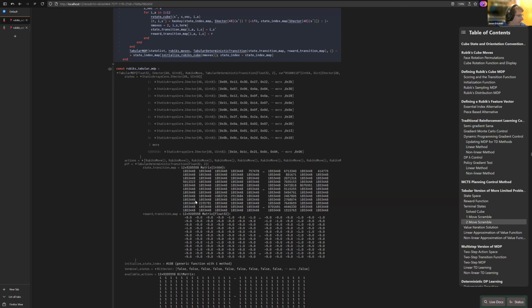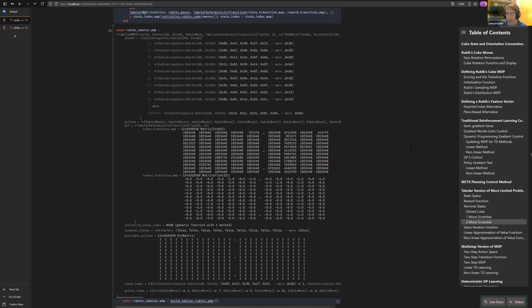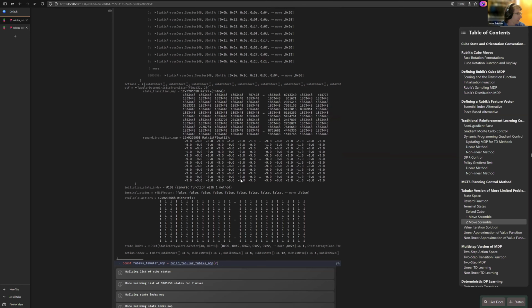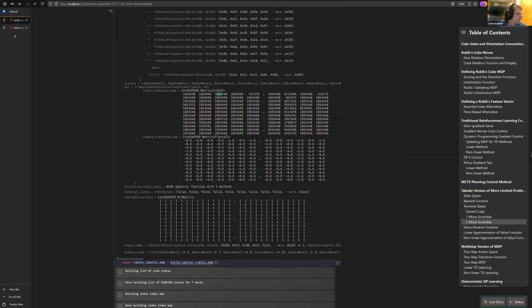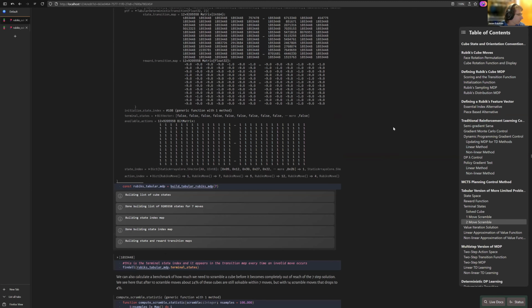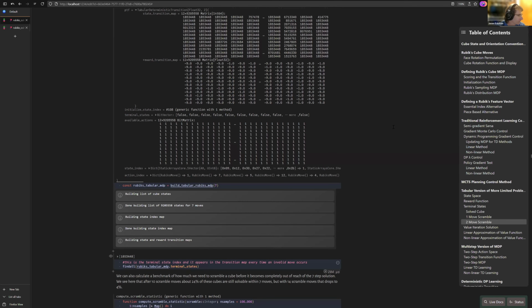And the reward transition map, all these -1s you see are for all the normal transitions. The -9 is the reward for a bad transition. And you can see here it matches up with this index here. This is the index of the terminal state, right?